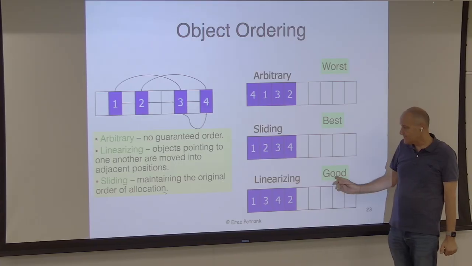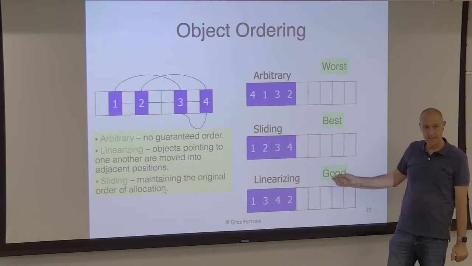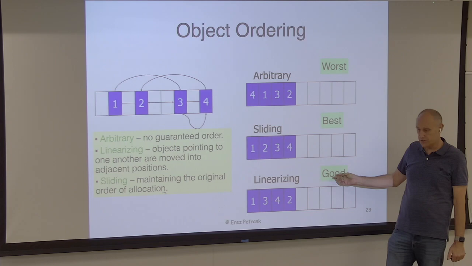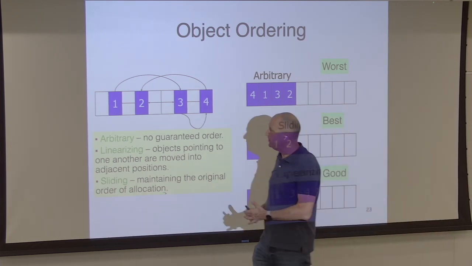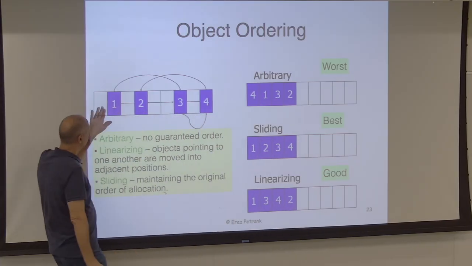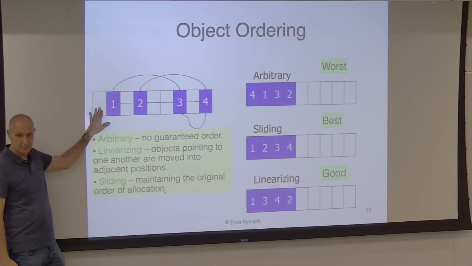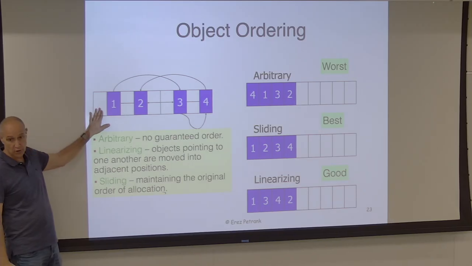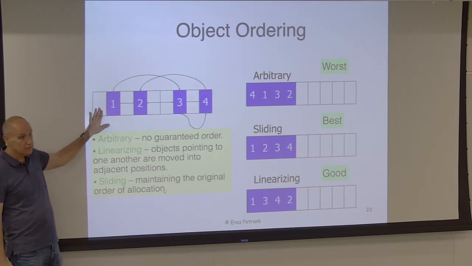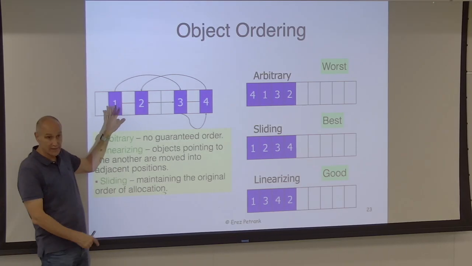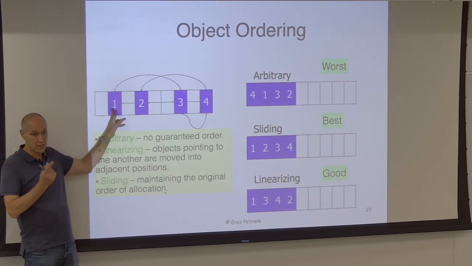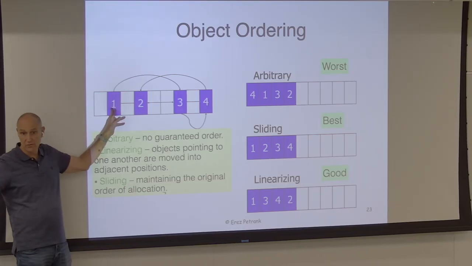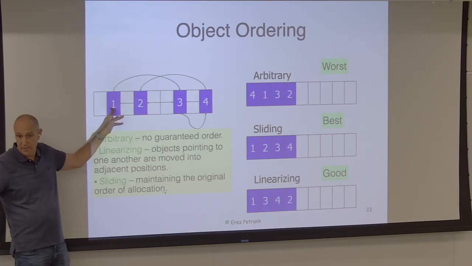And this is something else that we'll see next week when we do the copying garbage collection. It will be close to linearizing. What does it mean, linearizing? I go to the first one and I make it first, and then I look what it points to. So 1 points to 3, I put 3 after 1. And in normal execution, maybe I'll go to 1 and I'll check the pointer, and then I'll go into the object referenced by 1.